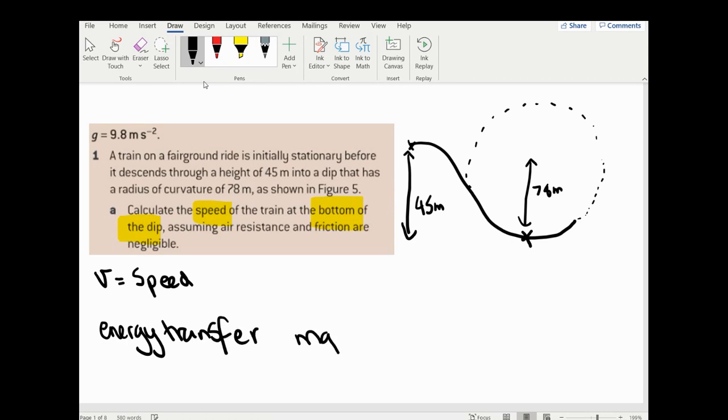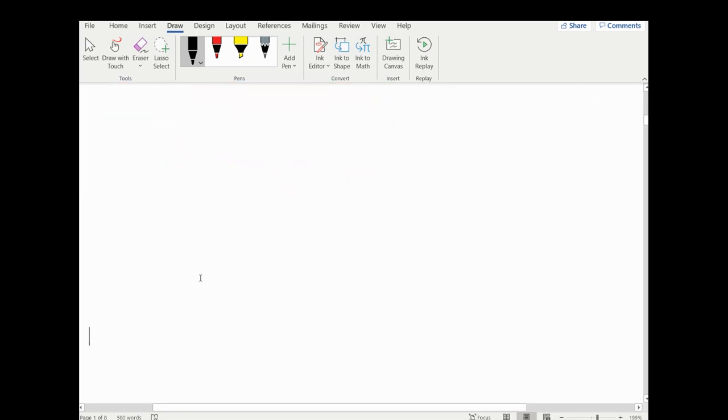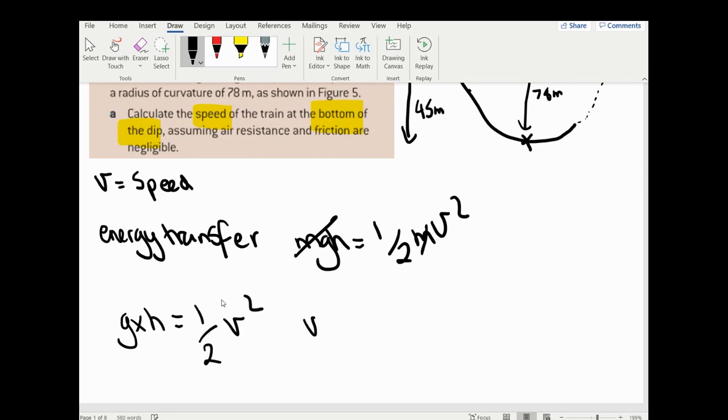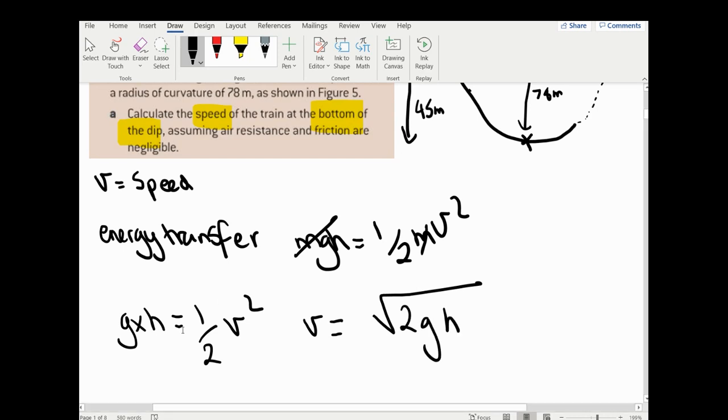So that's going to be mgh equals a half mv squared. So the m's actually cancel. And what you are left with is g times h equals a half v squared. v equals the square root of 2gh.